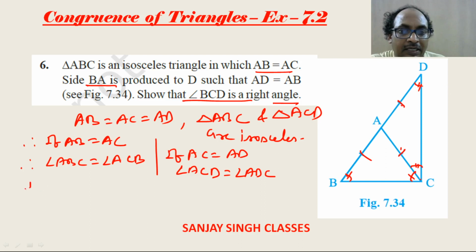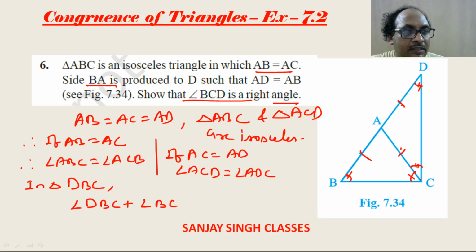Now in triangle DBC, the complete triangle, in that case, we can write that angle DBC plus angle BCD plus angle CDB is equal to 180 degrees.